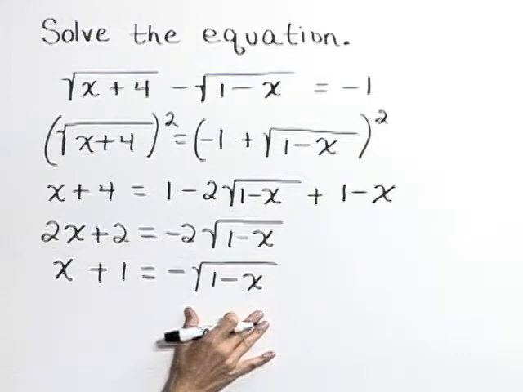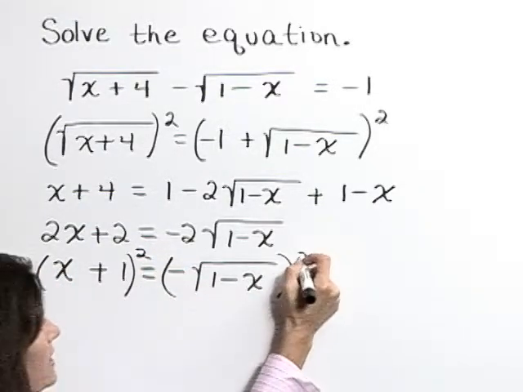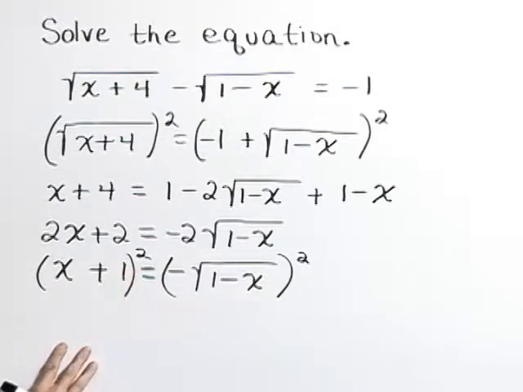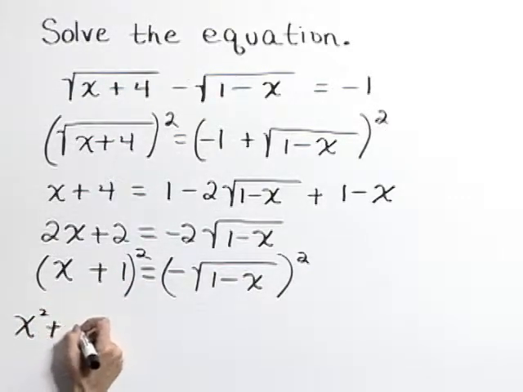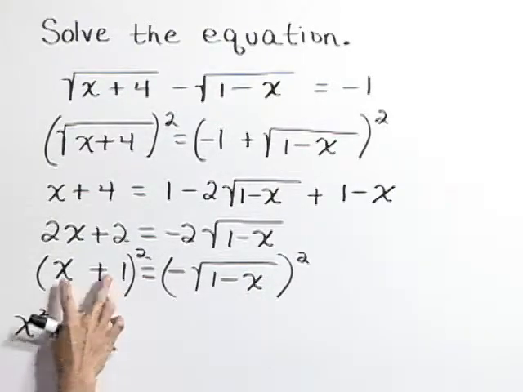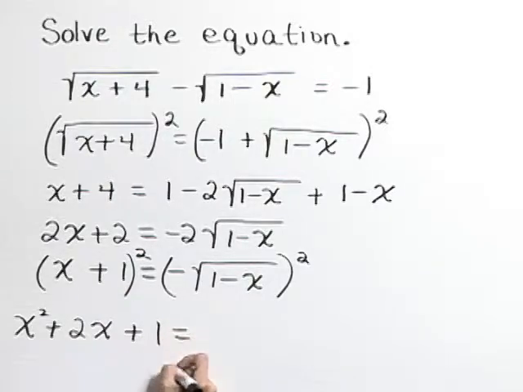Now, we'll square both sides again. Square the left, square the right. This is a binomial squared on the left. Squaring gives x squared plus 2 times the product x times 1, or 2x, plus 1 squared, which is 1.